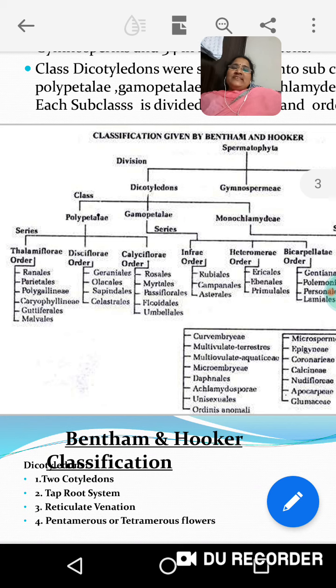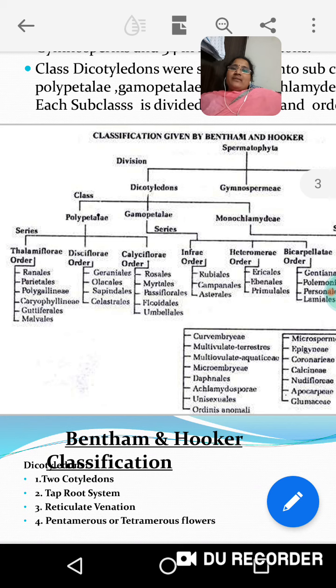Like that, for each group you have to justify what characters are taken for grouping under that particular taxon. In that manner you have to learn step by step why some plants are grouped under dicotyledons, and on what basis the dicotyledons are separated into Polypetalae, Gamopetalae and Monochlamydeae.